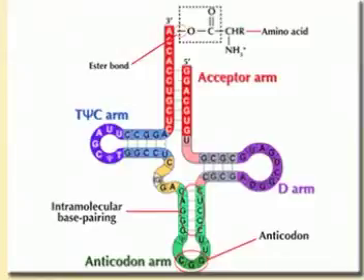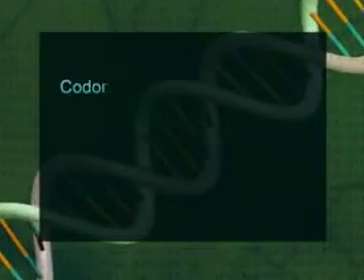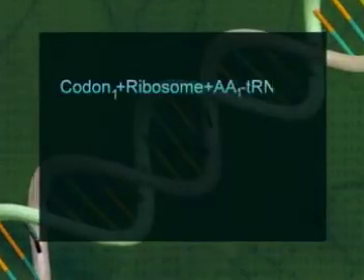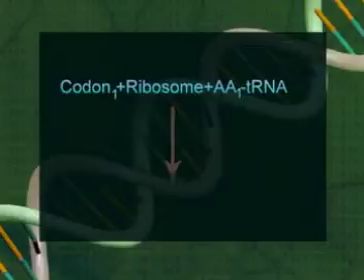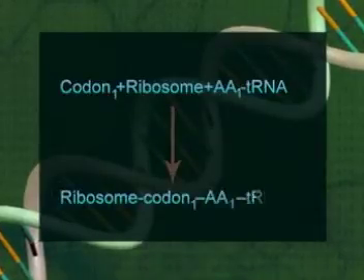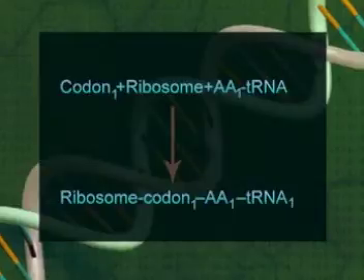For example, codon 1 plus ribosome plus amino acyl tRNA forms a complex: ribosome, codon 1, amino acid 1, tRNA 1 complex. If given amino acid 1 is used with a given codon 1 and the formation of the complex is detected, this would prove that the given codon codes for the given amino acid.